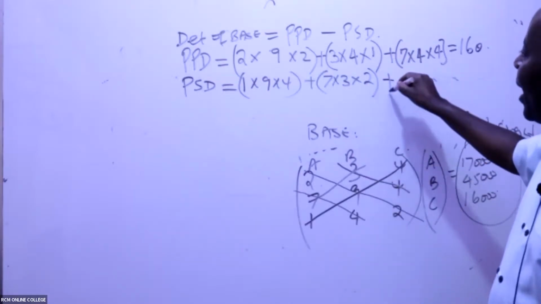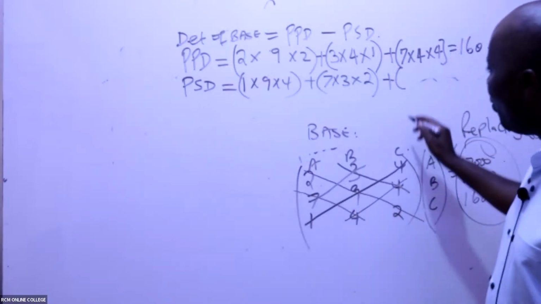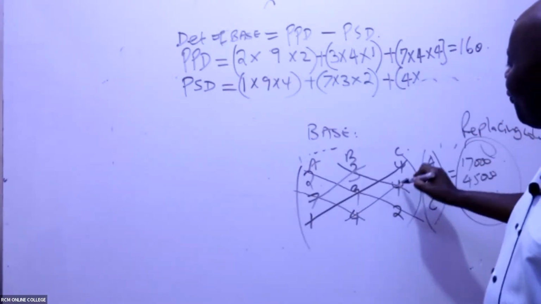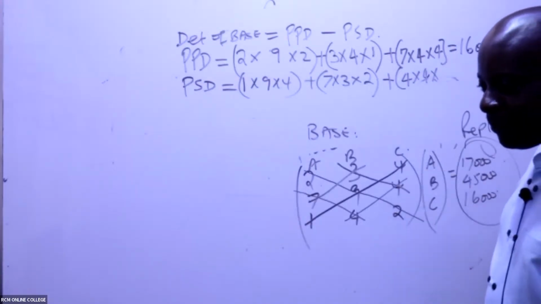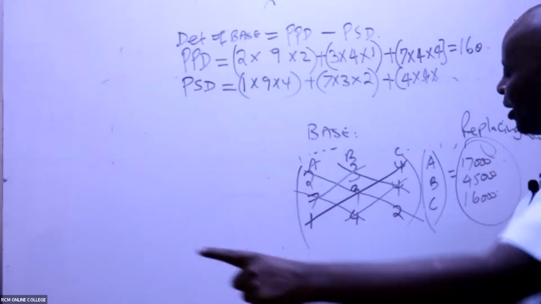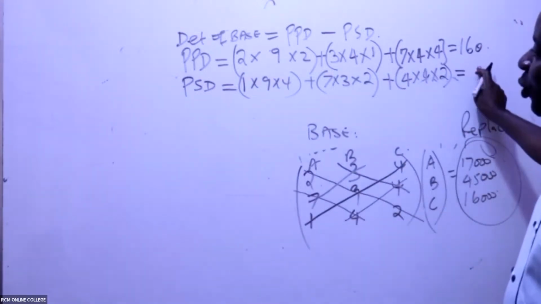And then we have another secondary, which is parallel to this one, which will be 4 times 4 times the farthest, times what figure? 2. Thank you so much. 4 times 2. So then, ladies and gentlemen, what figure are we able to get here?